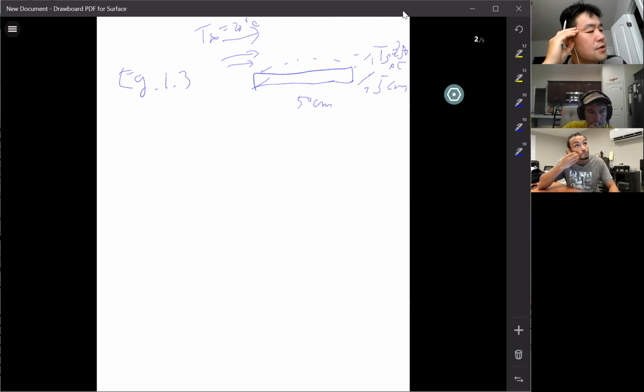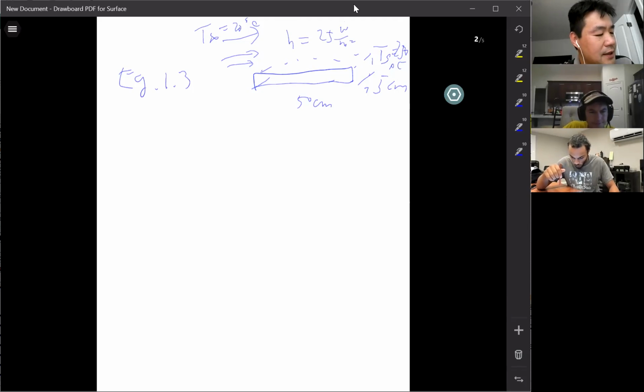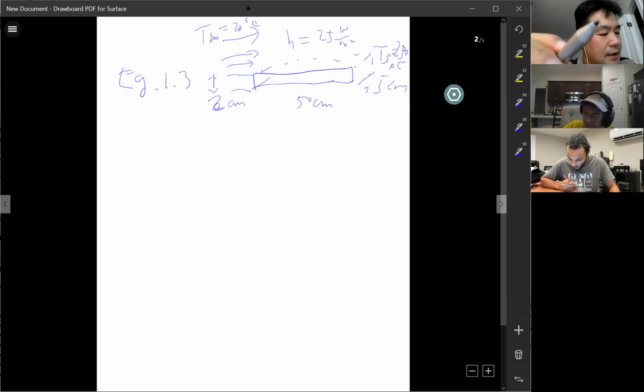The convection heat transfer coefficient h is given as 25 watts per meter squared K. Now in problem 1.3, it says the thickness of the plate is 2 centimeters.